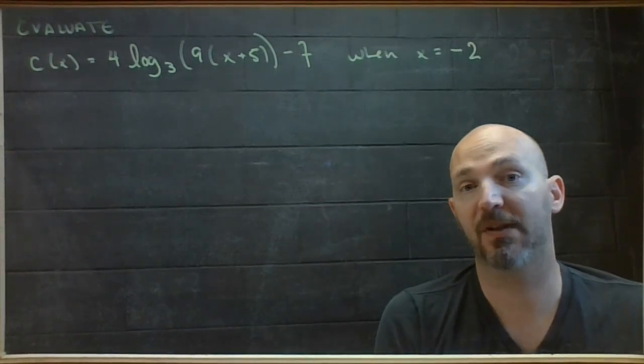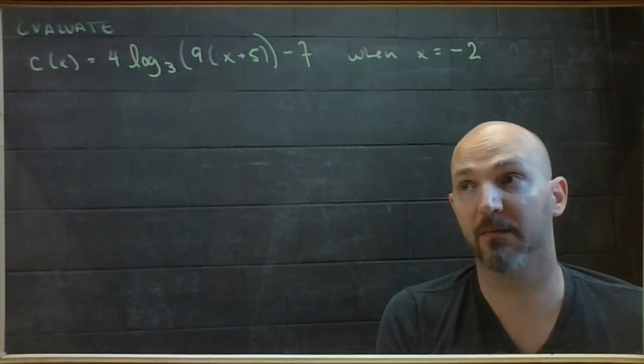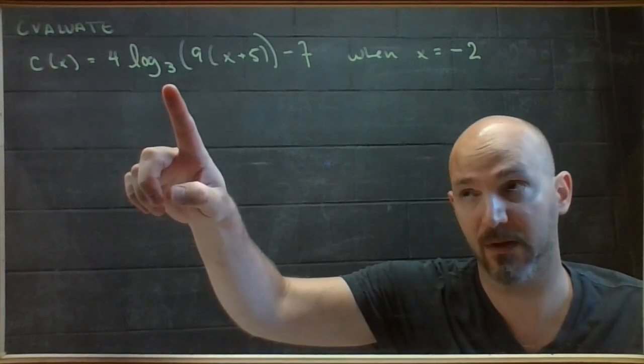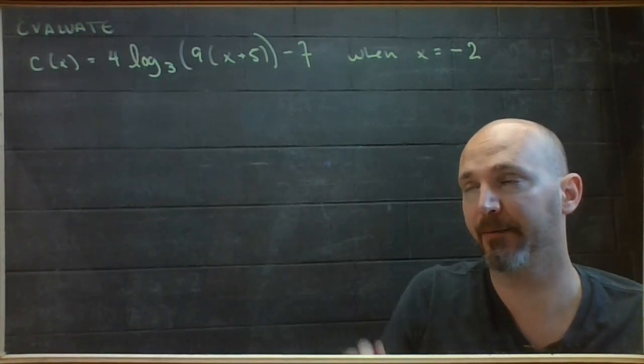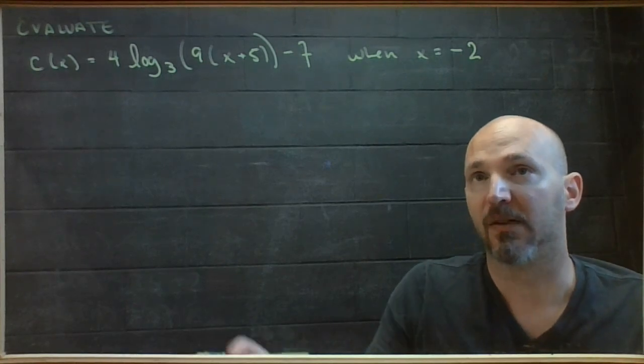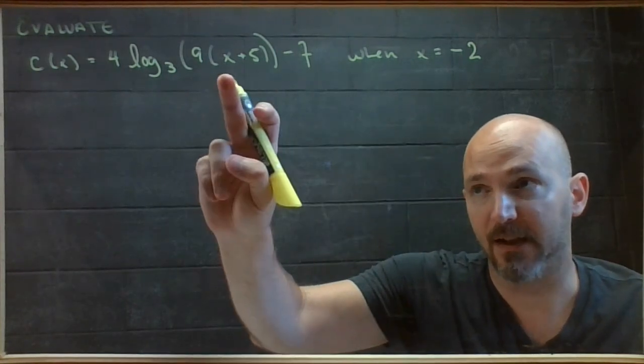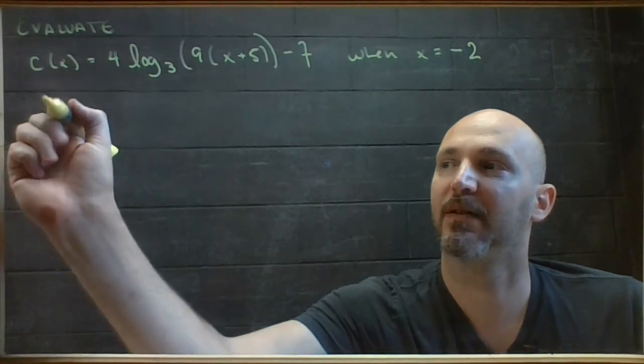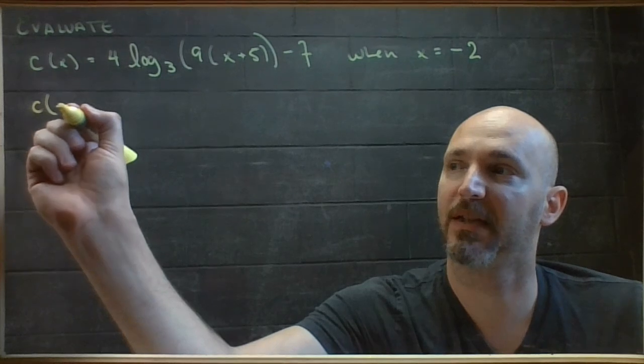All right, so just for completion, we'll do one more logarithm. This one is no longer base 10 or base 2, it's base 3. And you can tell by the little 3 wiggling down here. So I've got a value for x, in it goes. I'm sure you're tired of hearing me say that, but I'm going to say it one more time. Here's my c, put in the -2.